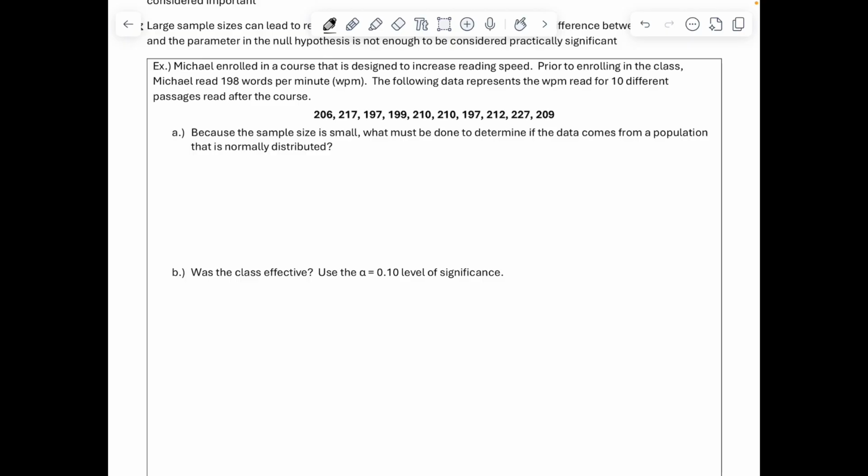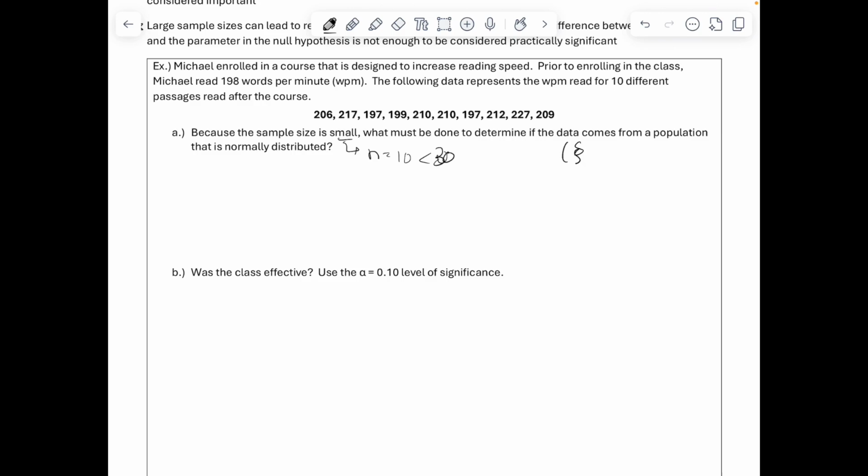Part A says, because the sample is so small, what must be done to determine if the data comes from a population that is normally distributed? And it's small because n, if you count those numbers, is equal to 10, which is less than 30, which was our magic cutoff number that we needed.